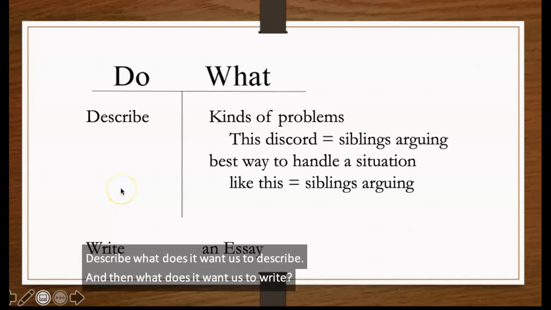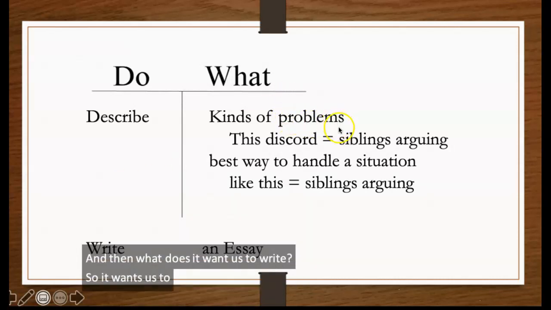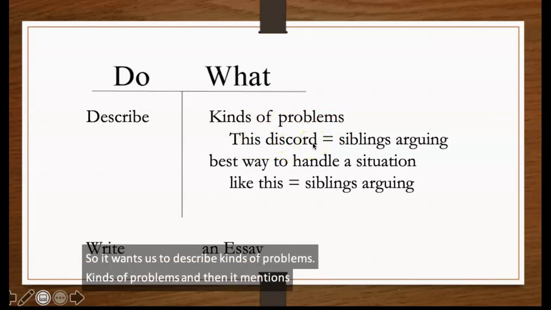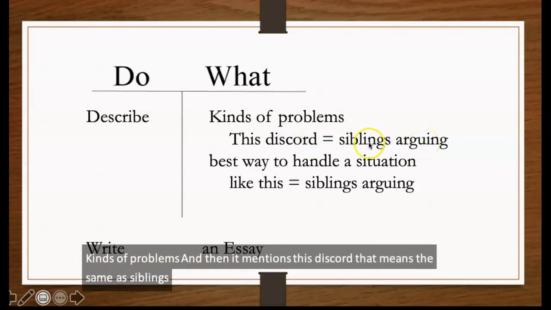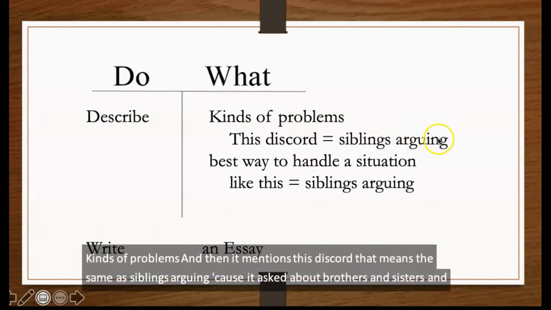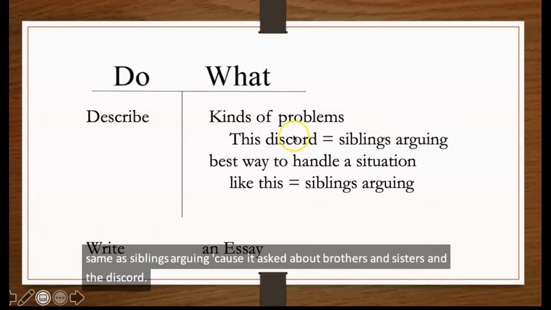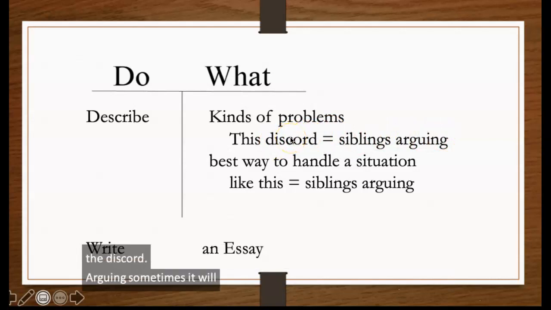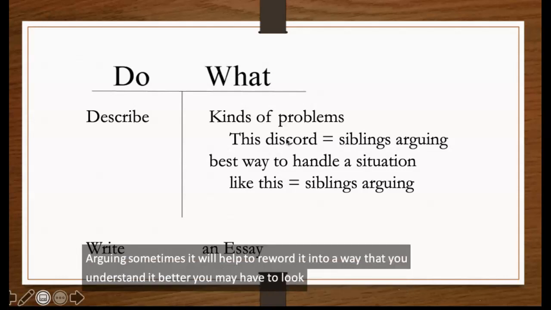So it wants us to describe kinds of problems. And then it mentions this discord. This discord, that means the same as siblings arguing, because it asks about brothers and sisters and the discord, arguing. Sometimes it will help to reword it in a way that you understand it better. You may have to look up a word or two.